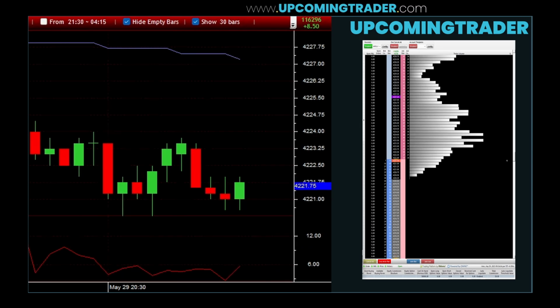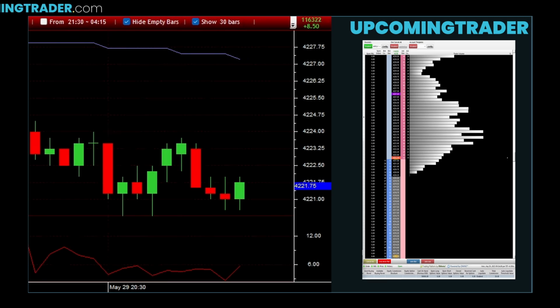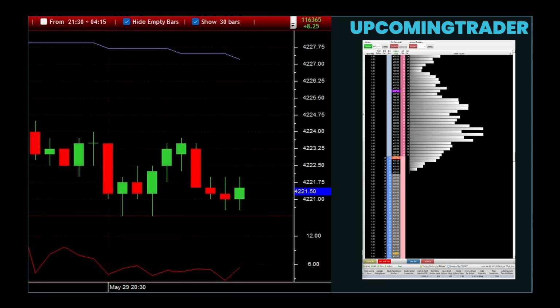A descending triangle, on the other hand, forms when the price makes lower highs while finding support at the same level, often suggesting a breakdown. Symmetrical triangles indicate a period of consolidation where the price is making both lower highs and higher lows, and the eventual breakout could be in either direction.